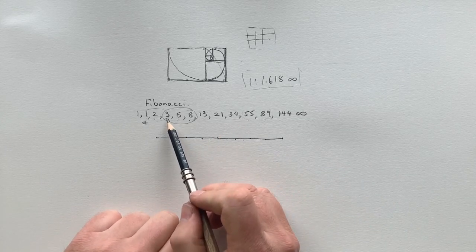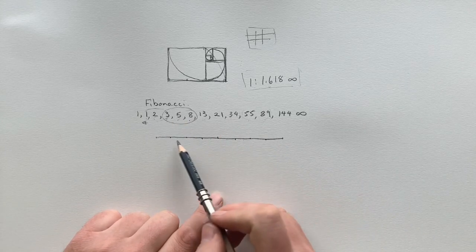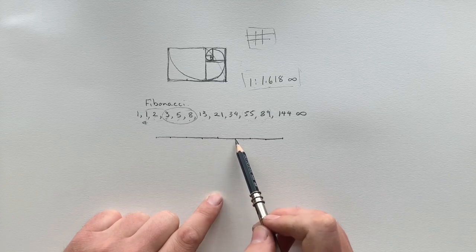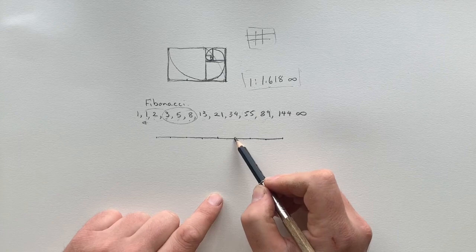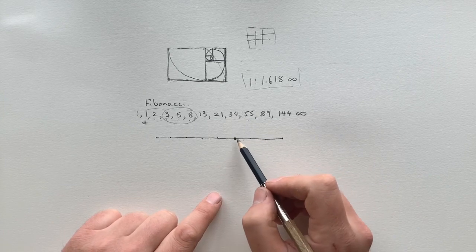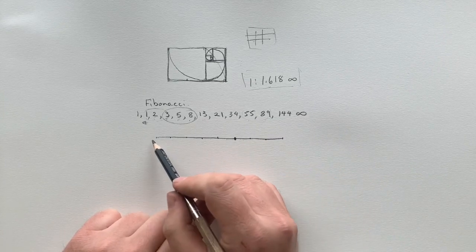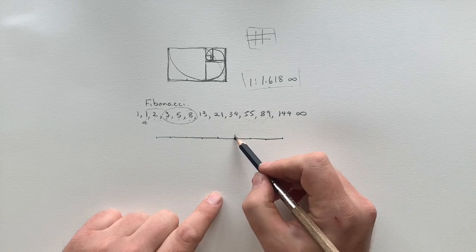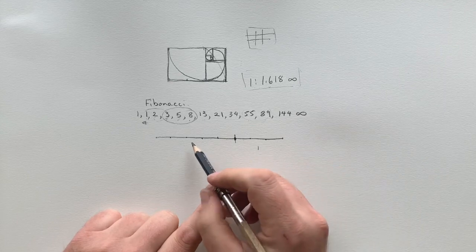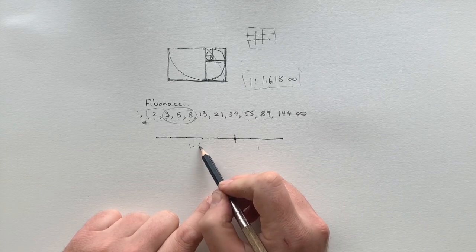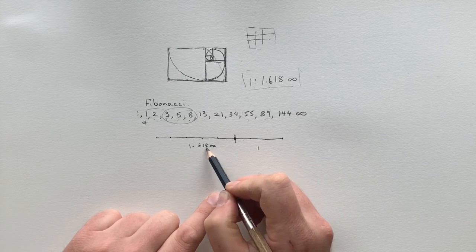And that's where 3 and 5 meet: 1, 2, 3, 4, 5, and 1, 2, 3. So that point there is roughly the golden point on that line. It's where the balance on that line is approximately equal to 1 to 1.618.